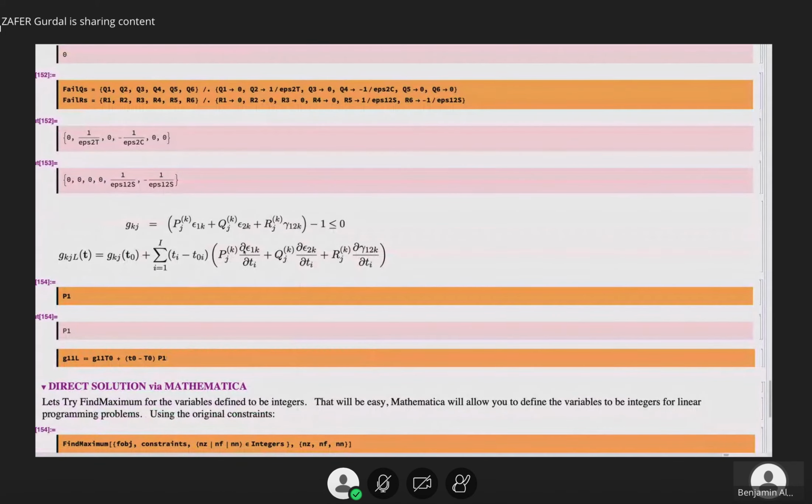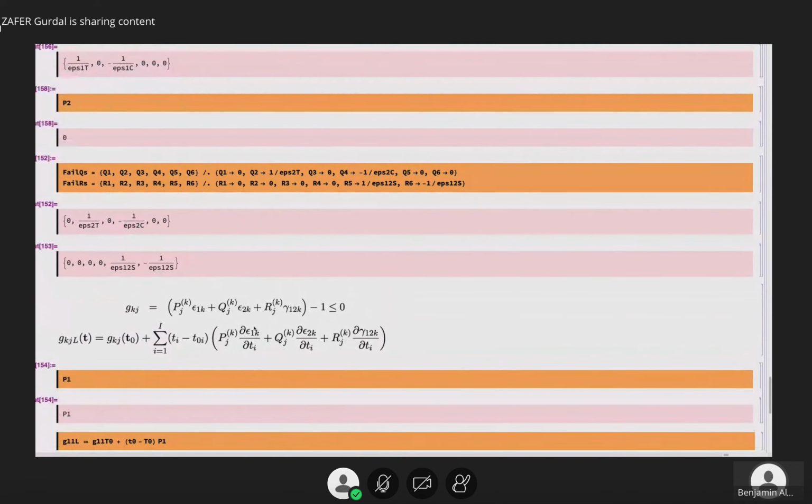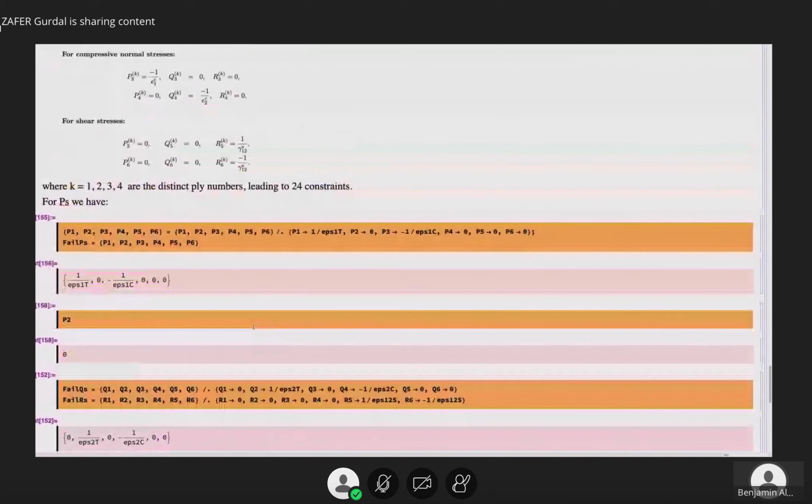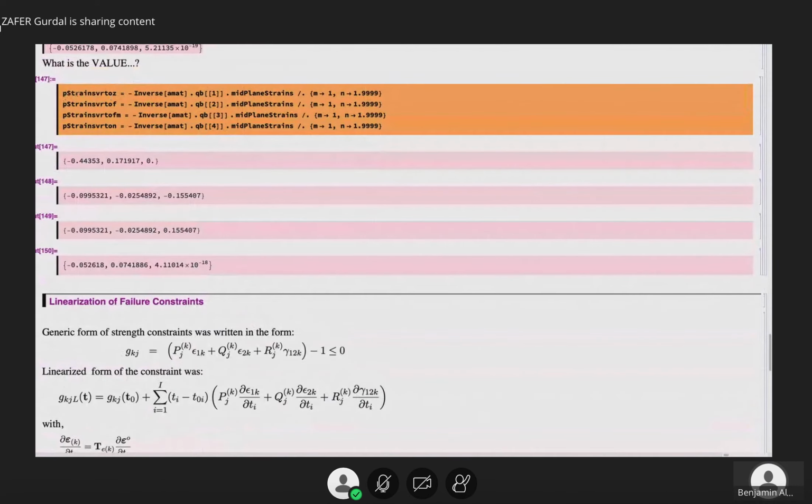P1, and then the derivative of this term can actually be computed in the previous cell. It's just that the symbol for this is not that straightforward. But if you go up here, with respect to I equals 1 will be with respect to the first design variable, 0, and epsilon 1 is the first element of this P strain with respect to T0.